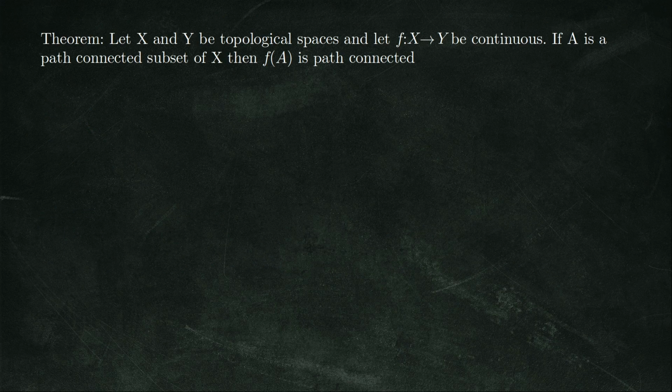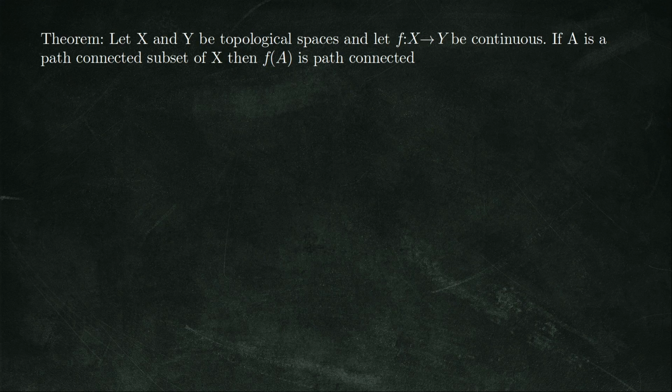Okay, for our next theorem, let X and Y be topological spaces, and let f mapping X to Y be continuous. Then if A is a path-connected subset of X, then f of A is path-connected. All right, have a read through the proof, and then come back and I'll go through a couple of corollaries.